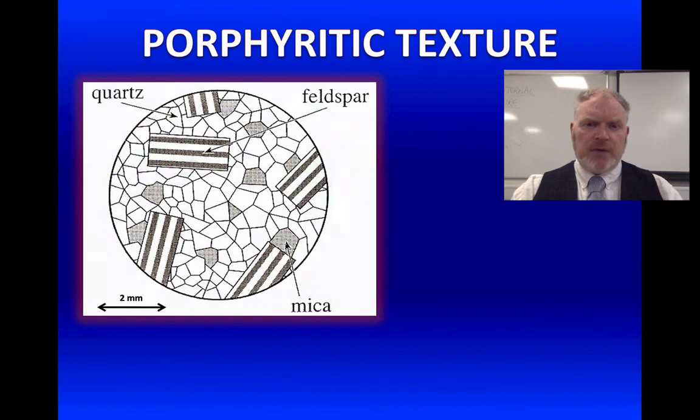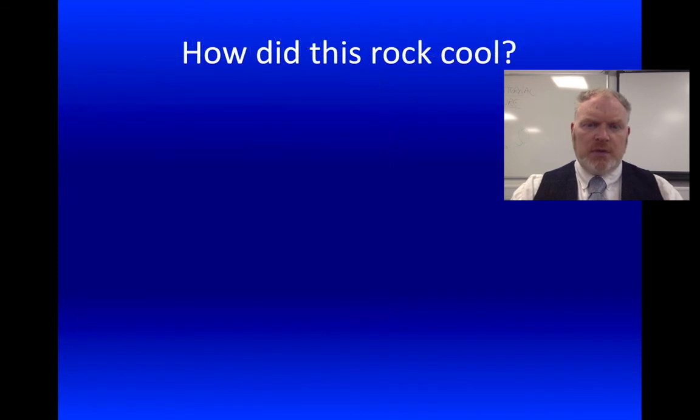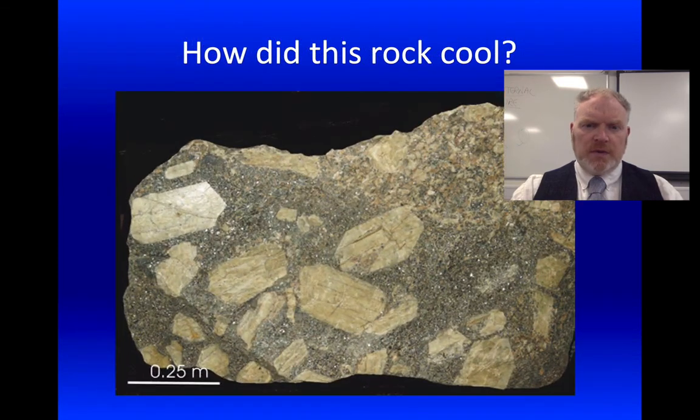Something else to think about as well is this rock. This is a rock from the Land's End granite down in Cornwall. How do you think this particular rock cooled? What's the story behind this?